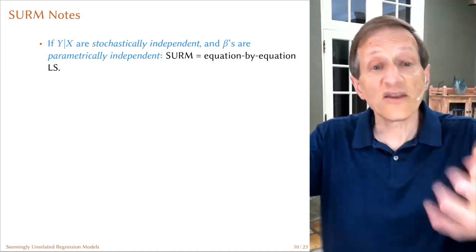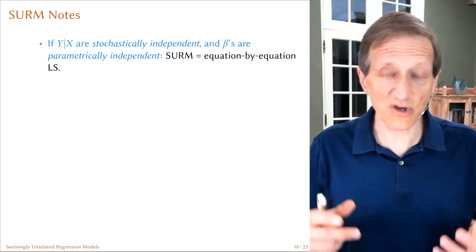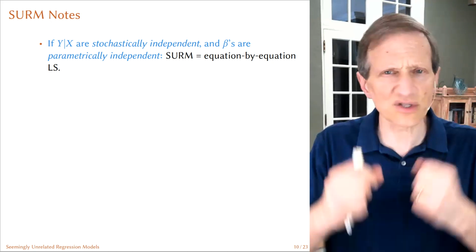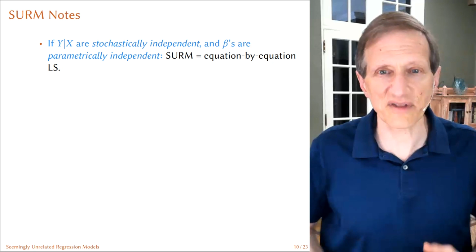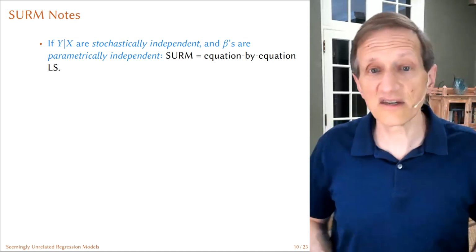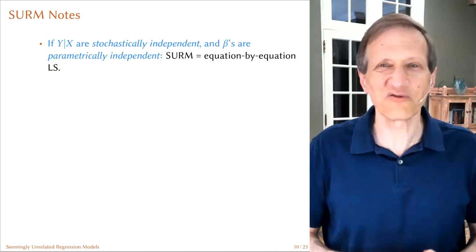And the betas are parametrically independent. I don't know whether that's true, of course, because maybe the incumbency advantage is the same in the state house and the state senate, or maybe not. You have to think about that. But if they are, then there's no reason to put it together and bother yourself with SURM. You could just run separate regressions.